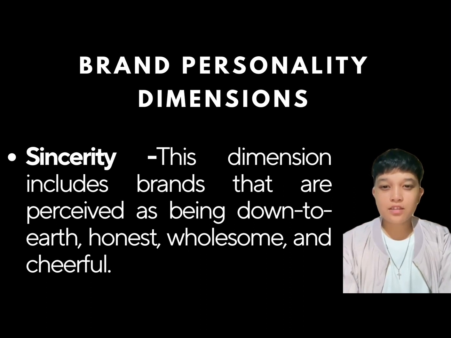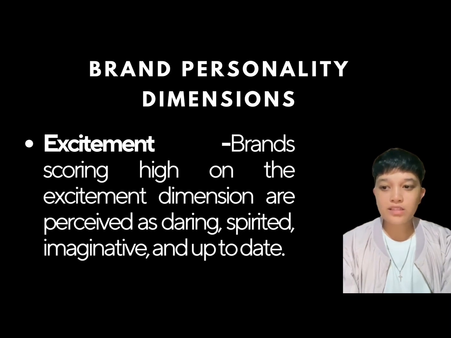Brand personality dimensions. So, we have 5 personality dimensions. Sincerity. This dimension includes brands that are perceived as being down to earth, honest, wholesome, and cheerful. Excitement. Brands scoring high on the excitement dimension are perceived as daring, spirited, imaginative, and up-to-date.